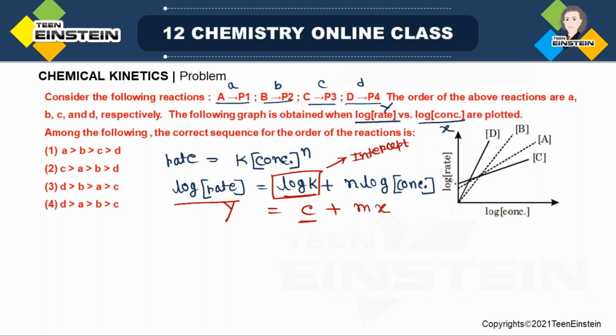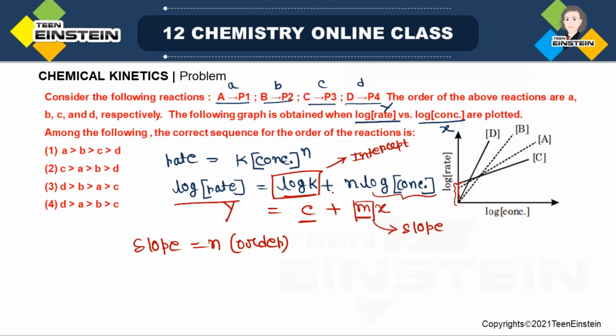Intercept means the place where the line is cutting the y-axis; this distance is the intercept. m is the slope because the rest of the part is x. So if we compare these two equations, we can understand that the slope is basically equal to small n. That means slope is nothing but order.